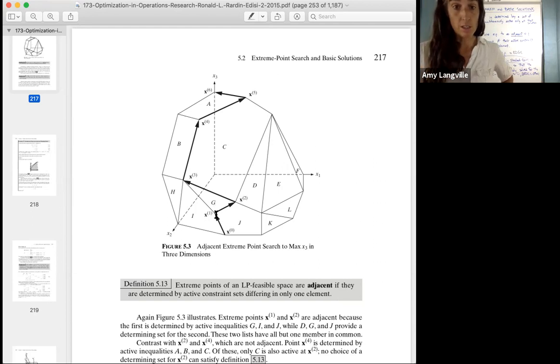Now x1 is defined by I, J, and G. x2 is actually defined by the intersection of 4 planes, G, J, D, and C. x3 is defined by 5, I, G, C, B, and H. x4 is A, B, C. x5 is A, C, and the back wall here, which is when x2 equals 0.